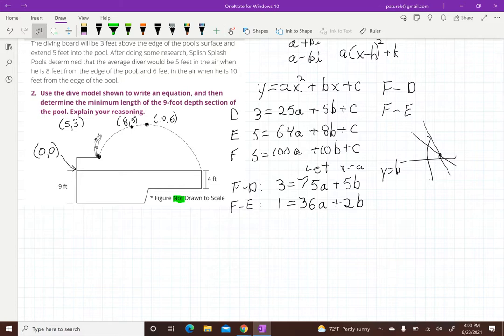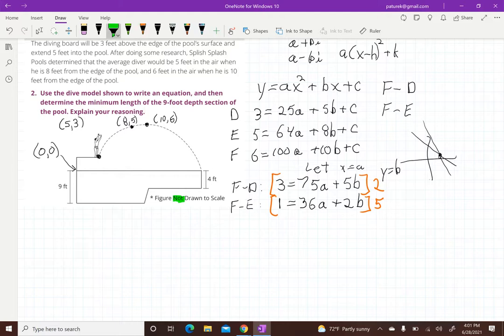I can see that the 5b and the 2b are pretty small numbers. I can eliminate them if I choose to multiply everything on this row by 2 and everything on this row by 5, and then subtract one from the other.